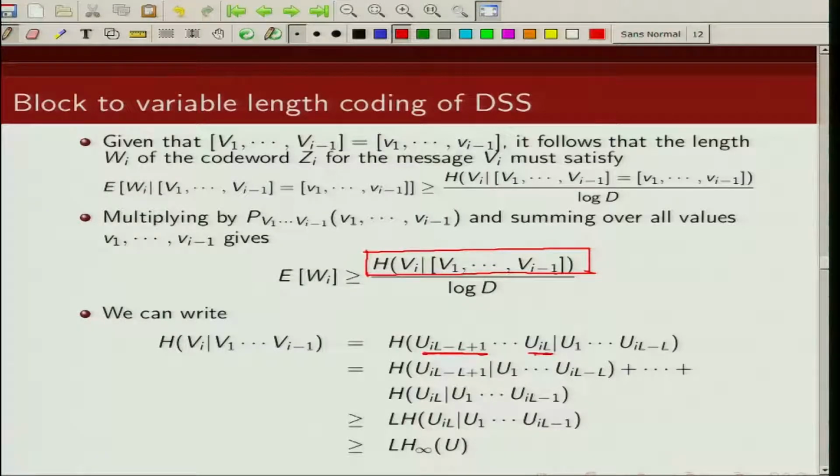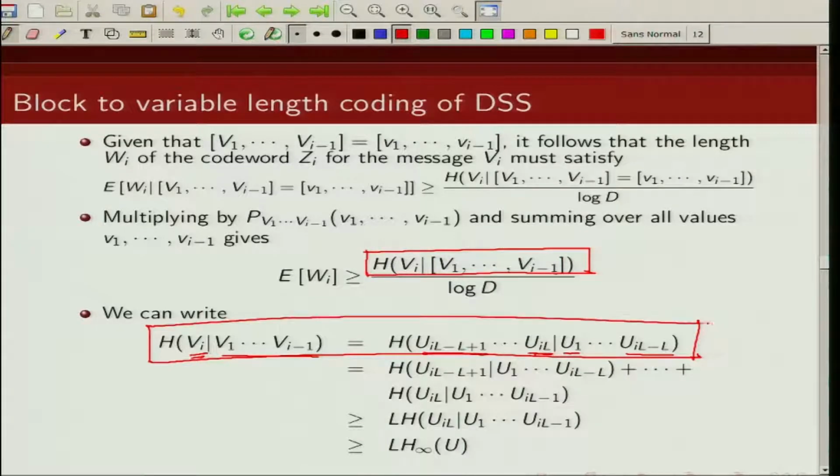And V1 to Vi minus 1 is U1, U2, U3 up to U iL minus L. So from the definition of Vi's, we can write this in terms of the uncertainty in Ui's.